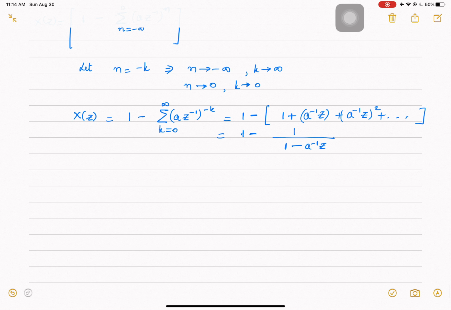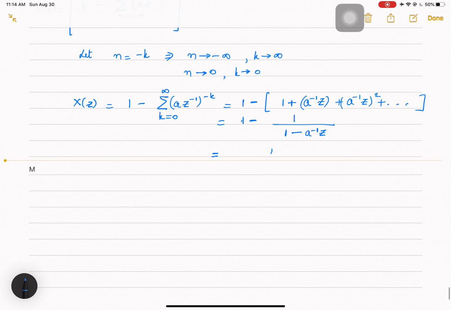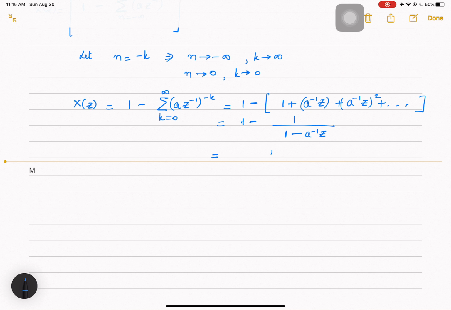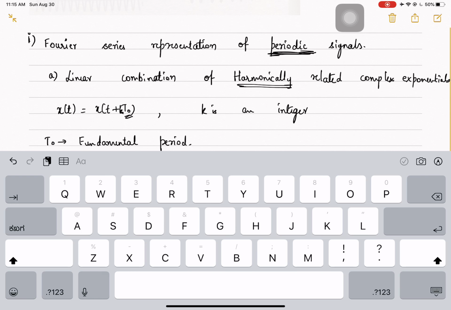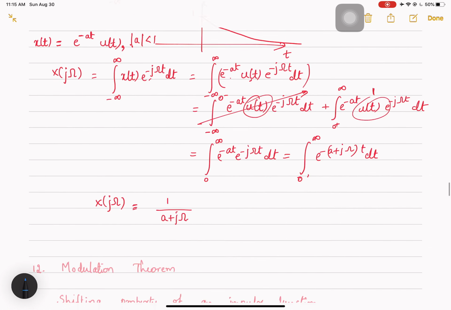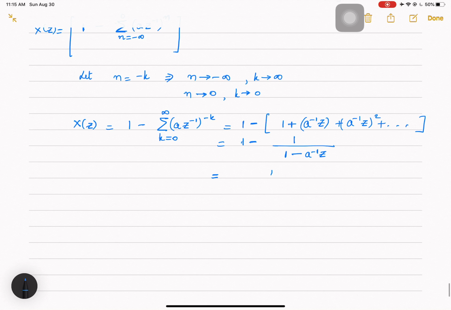So if you solve it, this is what you are going to get. Just simplify this, take the LCM and simplify, and you'll get this term.